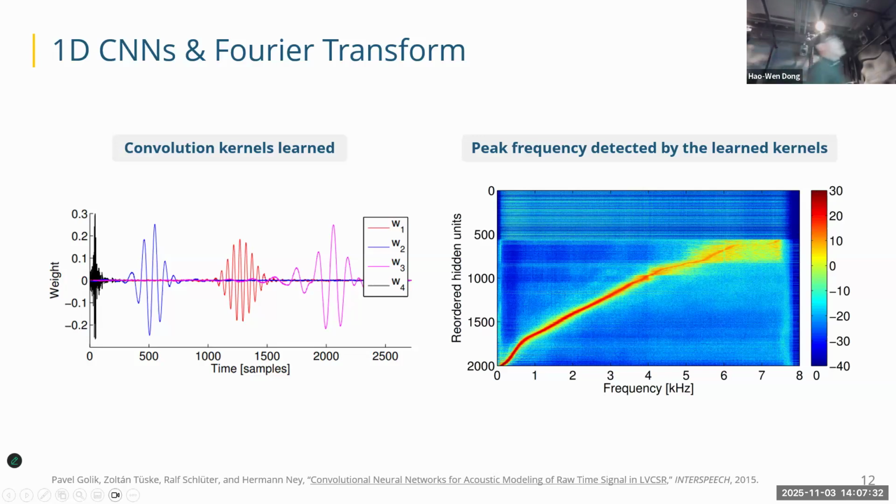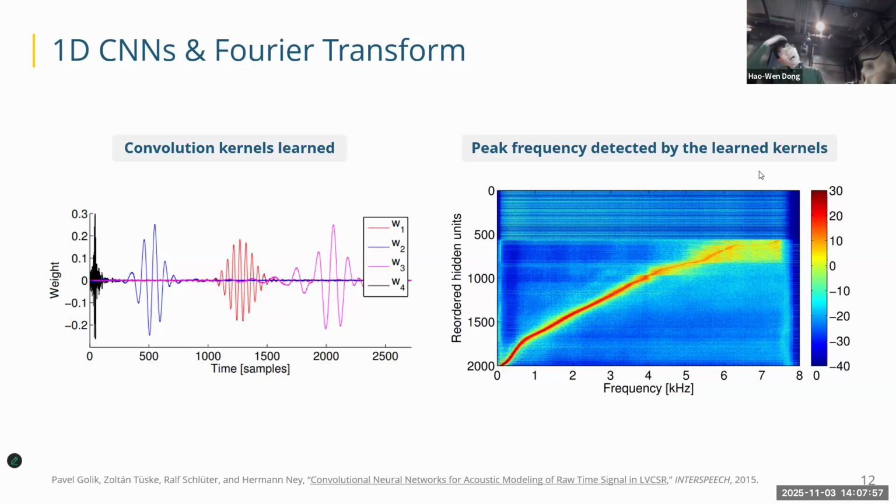You can imagine the model grabbing these filters, imagining this is your example, and sliding them around to see whether you detect that frequency. And that's essentially what the Fourier transform is doing, as when we talked about spectral analysis.